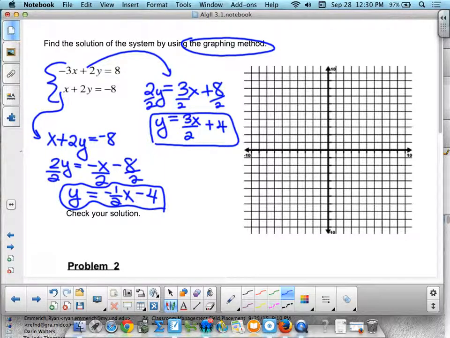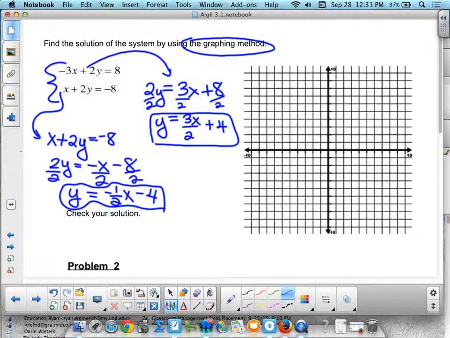Okay, that's what I got in the bottom equation. y equals negative 1/2 x minus 4. Yes? Yep. Okay. Anybody got an answer right now? Anybody? Okay, 1, 2, 3. 3 people have an answer. Okay. All you gotta do is graph it, and if you graph it, they should collide somewhere.